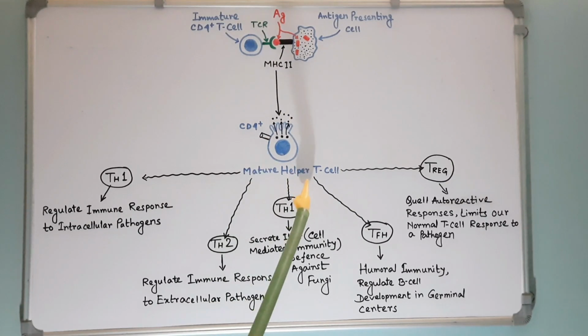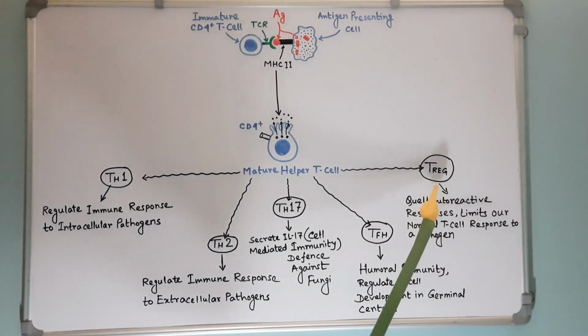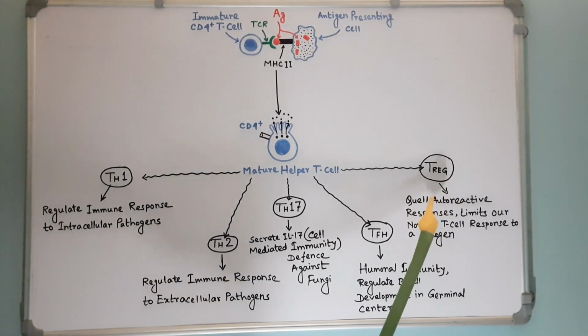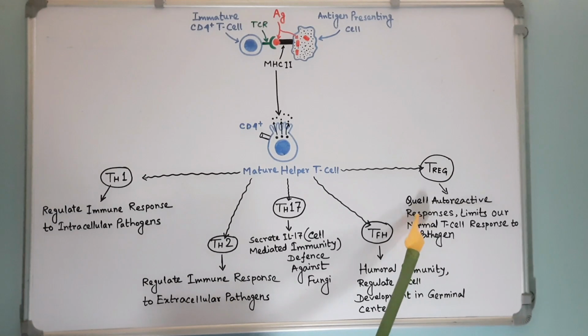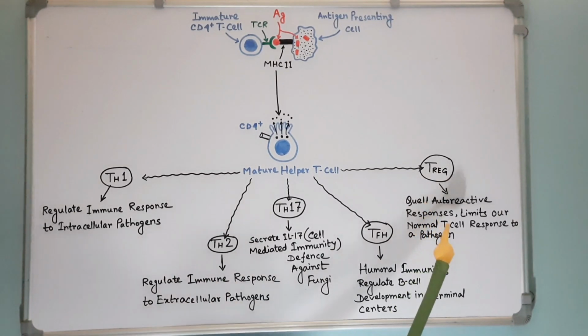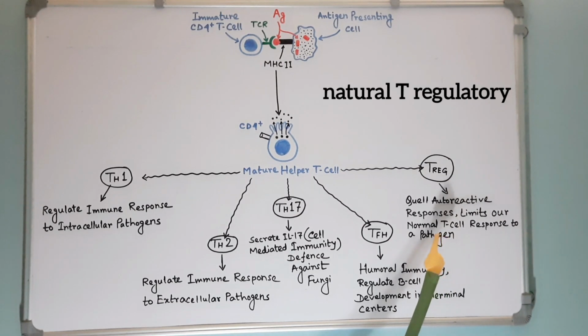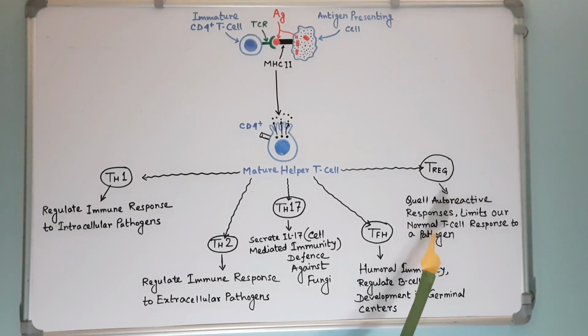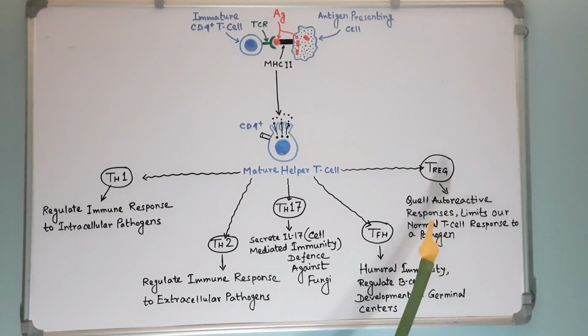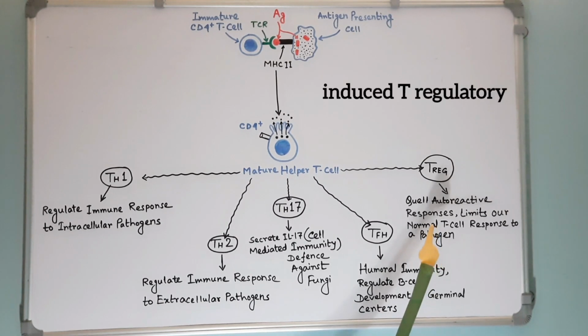When they differentiate into regulatory T cell or Treg, then regulatory T cell has the unique capacity to inhibit an immune response. These cells can arise during maturation in the thymus from autoreactive cells, called natural regulatory T cells, but also can be induced at the site of an immune response in an antigen dependent manner, called induced regulatory T cells.